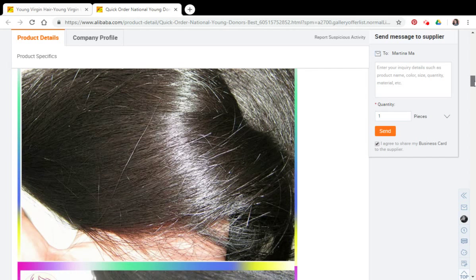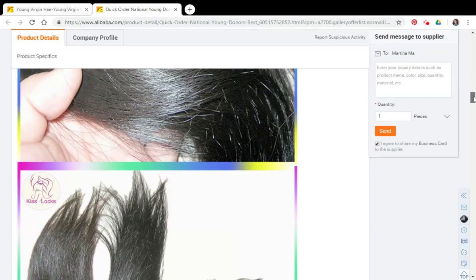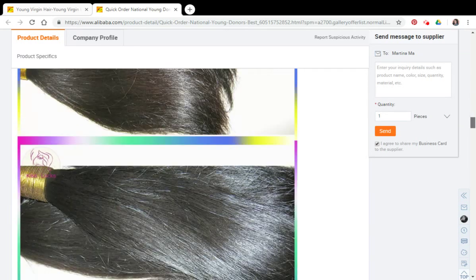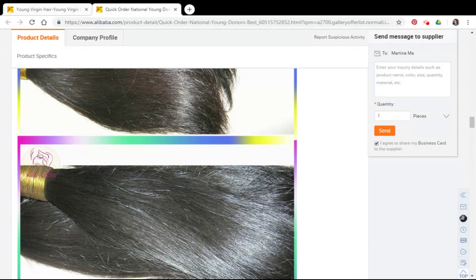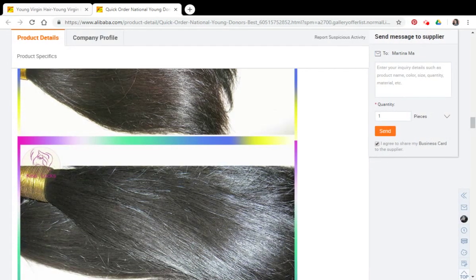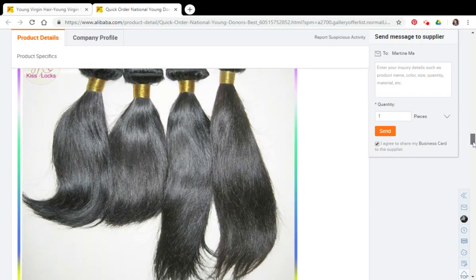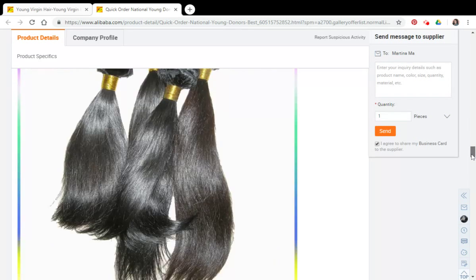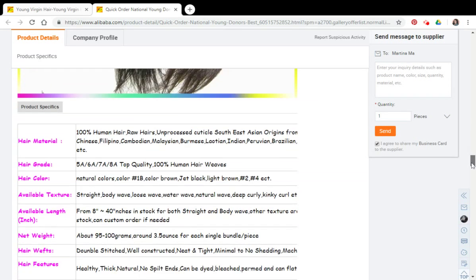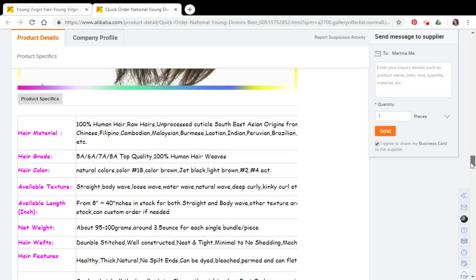See if they're consistent. So it's straight hair, so it may be raw. But so far they have 2 strikes against them. Slight strikes. Okay. They're saying it has Southeast Asian origins and all of that.